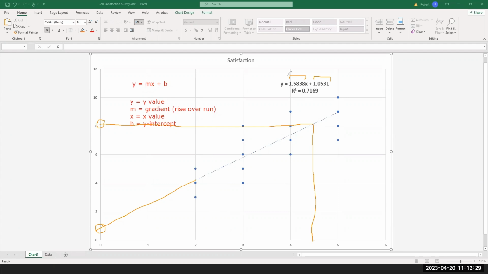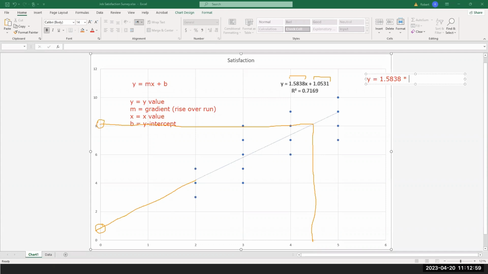You can do this graphically like I just did, but you can also use this formula. I chose 4.5, right? So let's figure this out. Just write it over here. So y equals 1.5838 times the x value.